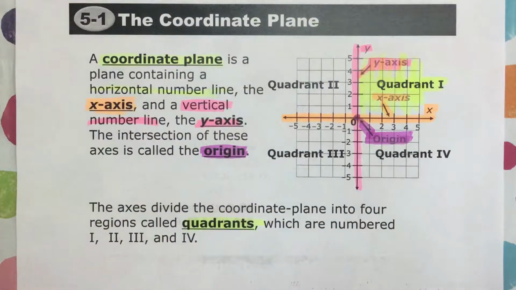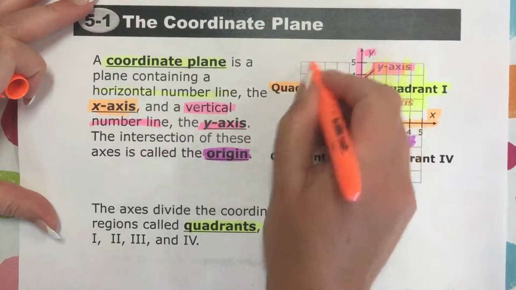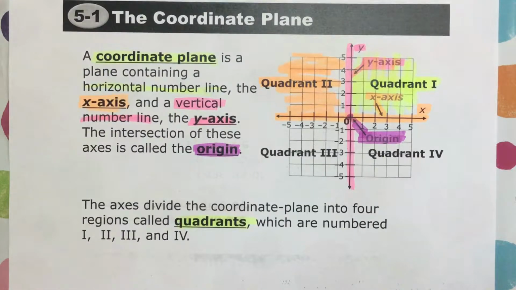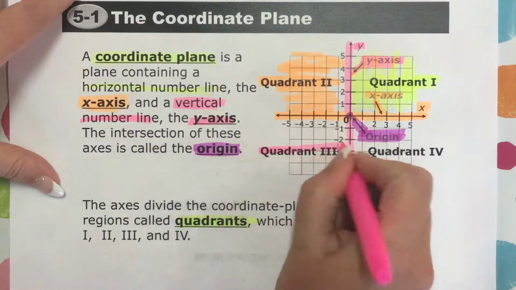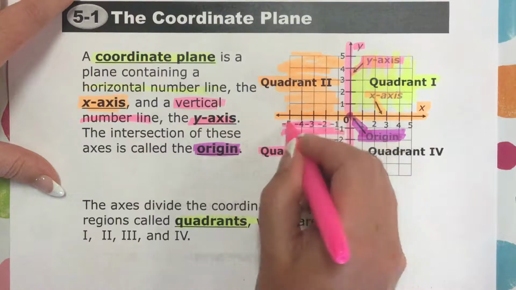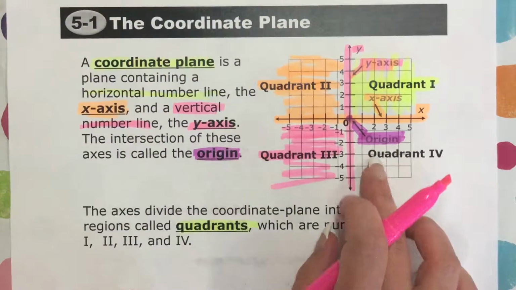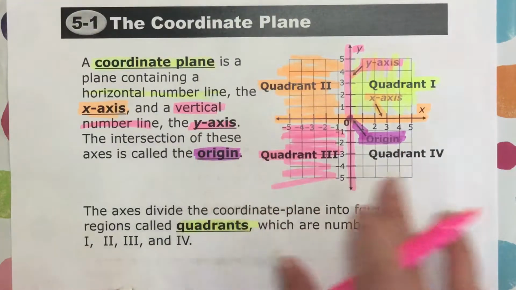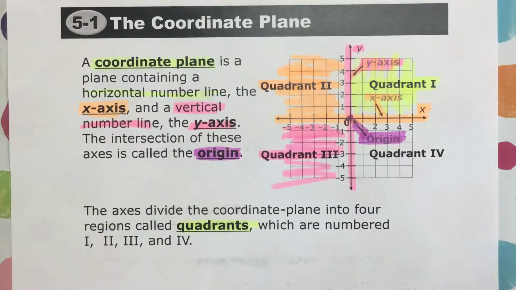Any point over here would be quadrant 2. Any point in this quadrant would be quadrant 3, and any point in this quadrant would be quadrant 4. So, 4 quadrants. Let's look at some example problems and see how these work.